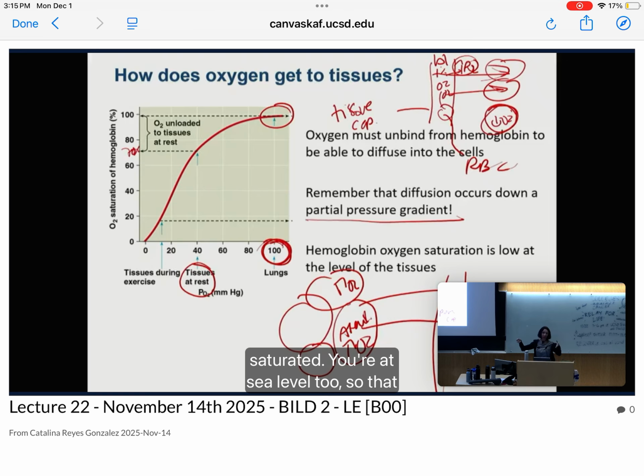You're at sea level too, so that helps. In 102, I teach about high altitude and how that affects all these. But at sea level, we should fully saturate if we're healthy, okay? But at the level of the tissues, because the PO2 is lower, that hemoglobin is less saturated, 70% in a healthy person. All right?